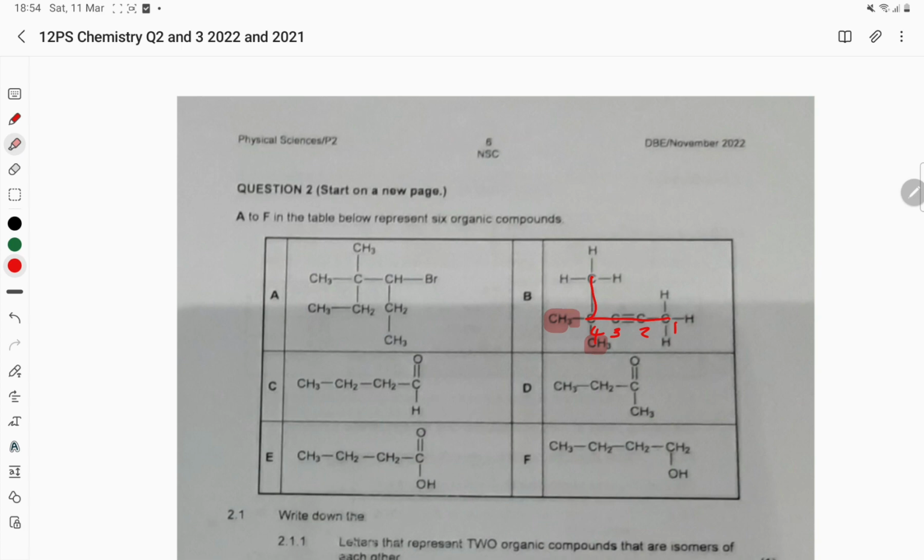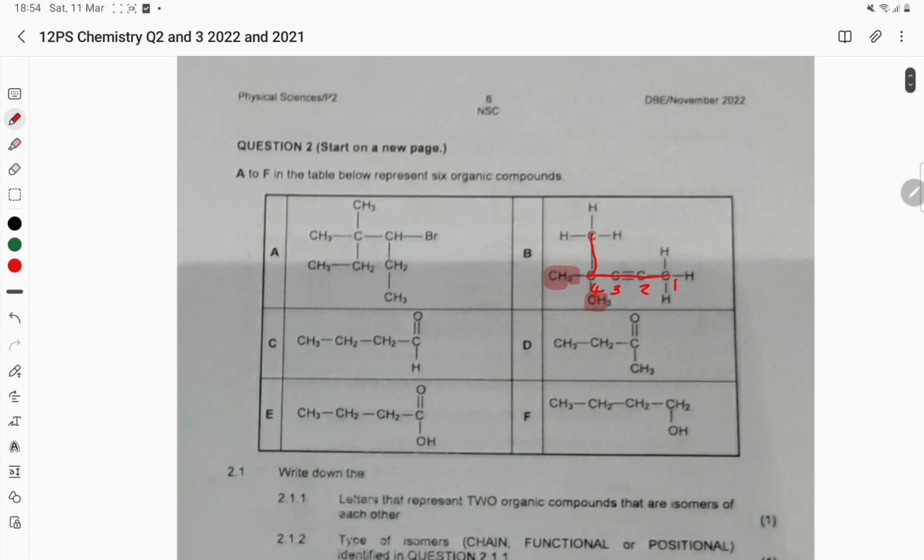We have then the alkyne, but it'll be at position 2. 2-alkyne, or we can go alk-2-yne. And the chain is going to be a 1, 2, 3, 4, 5.